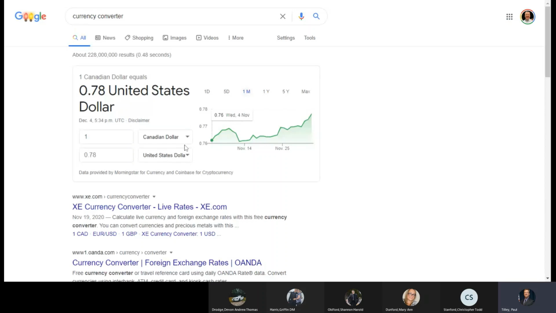Just go into Google, look for any form of money at all. So we'll say 1 Canadian dollar. How much is it worth in any currency? So right now, 1 Canadian dollar is 0.78 US dollars. Or I could go 1 US dollar is 1.28 Canadian dollars.